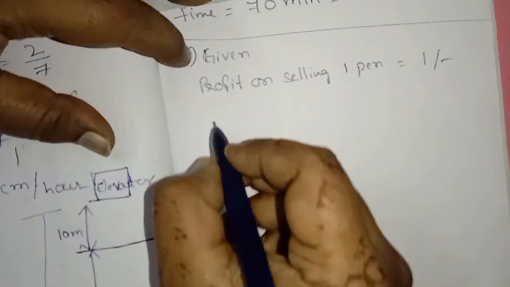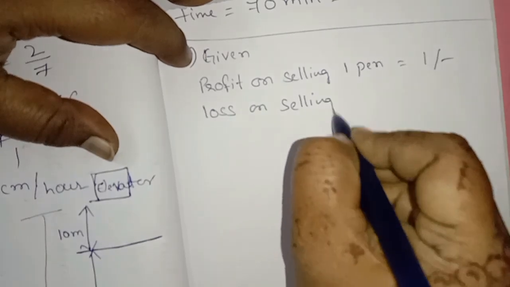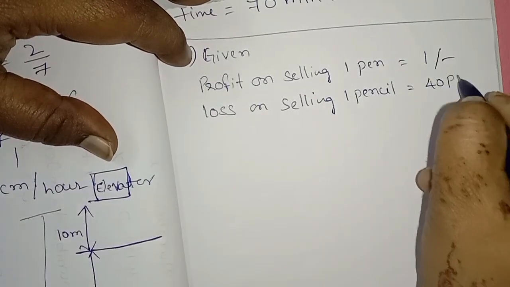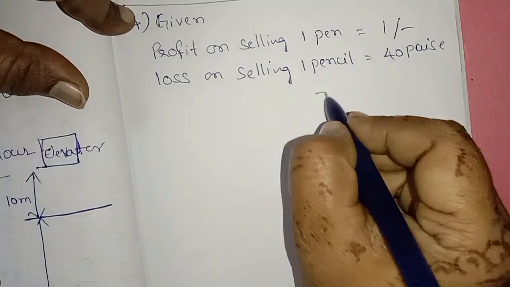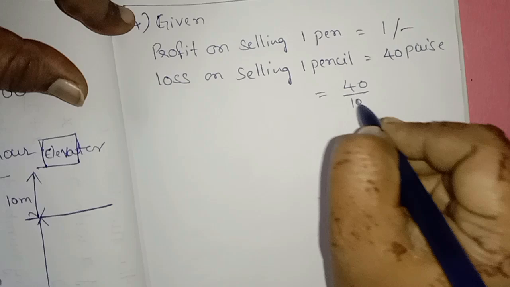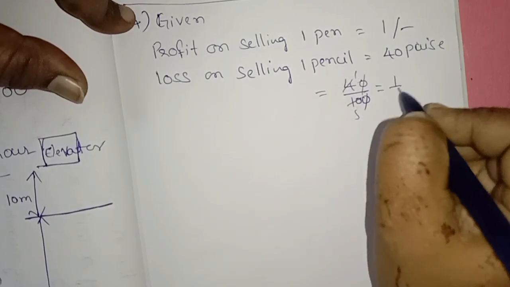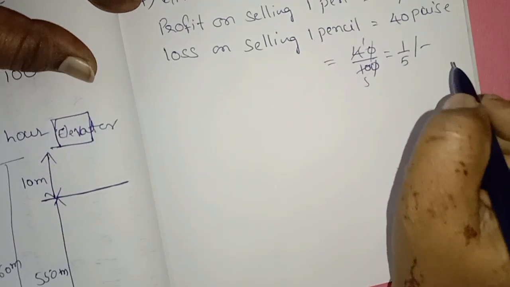Next, loss on selling one pencil equals 40 paise. So here one is in rupees, the other in paise. So convert into rupees: 40 by 100. 2 ones are 2, 2 fives are 10, 1 by 5 rupees. This is also now in rupees. 1 by 5 rupees.